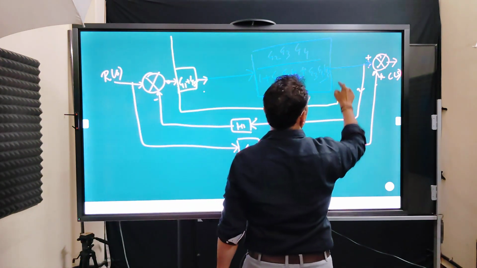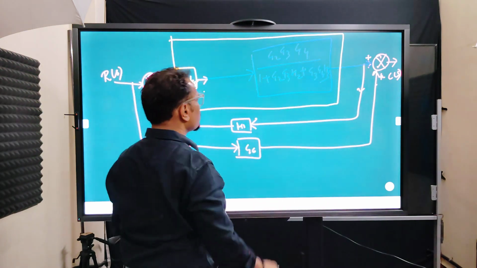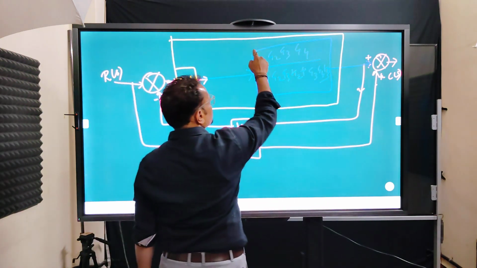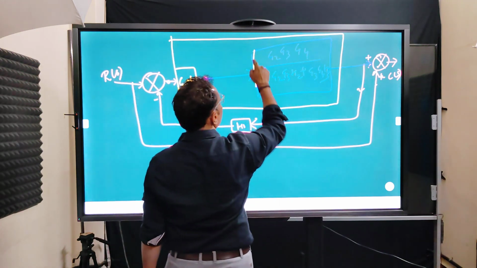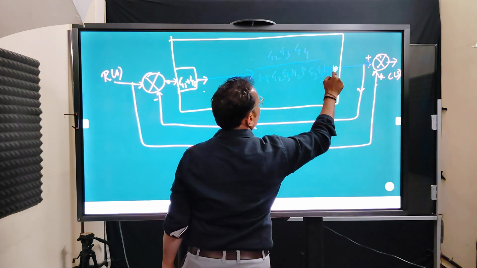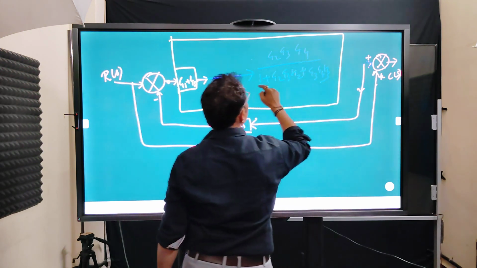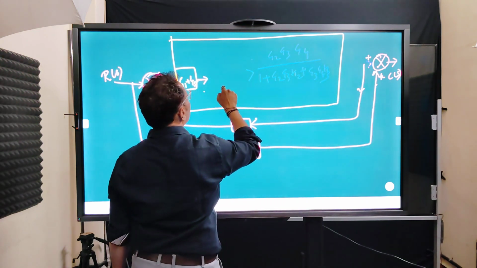Okay, I'll replace this with one bigger block. The thing in the numerator will remain as it is, and the thing in the denominator will remain as it is.